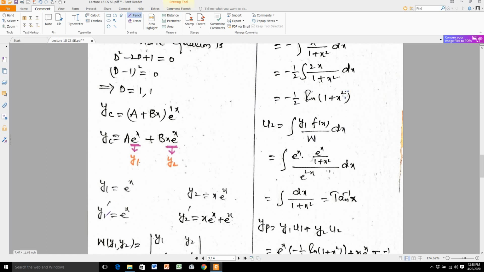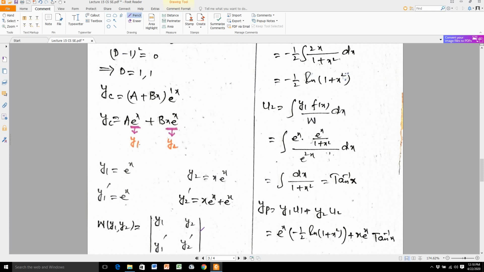The first derivative of y1 is equal to e raised to the power x, and for the first derivative of y2 you use the product formula: first as it is times derivative of second plus second as it is times derivative of first. So applying the product formula, I get x e raised to the power x plus e raised to the power x.